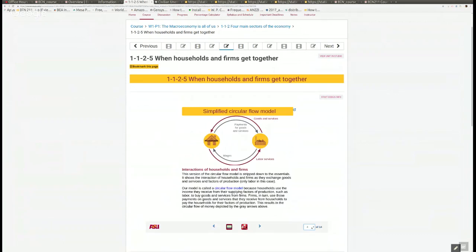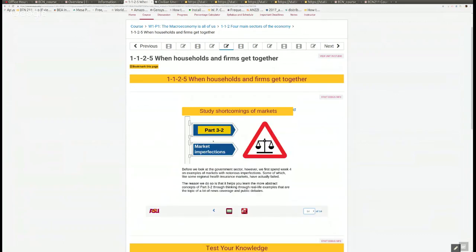So it ends up talking about studying markets, shortcomings of markets, and then in particular it discusses that in the first week of the first part of week 4, we study 4 particular markets with specific shortcomings. And what are those markets?